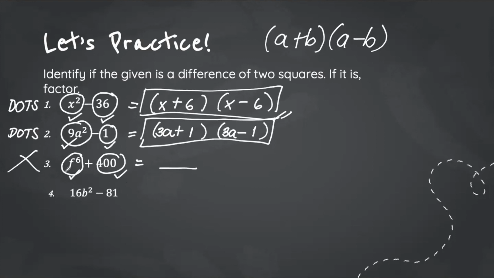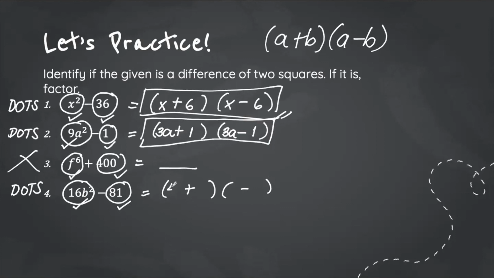Let's move on to the fourth example. Is the first term a perfect square? Yes. Second term a perfect square? Yes. Is one of the terms negative? Yes. So this can be solved using the method on difference of two squares. So it should be plus here and a negative here. 16b squared, the square root of 16b squared is 4b.